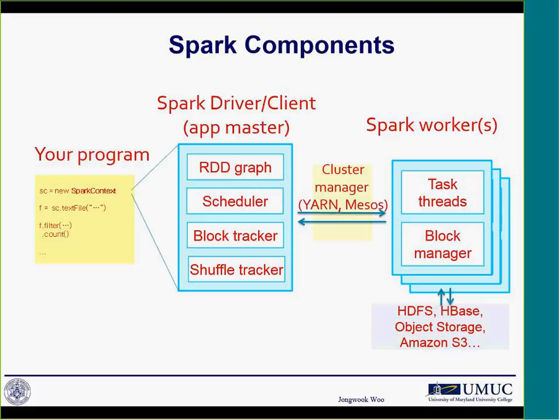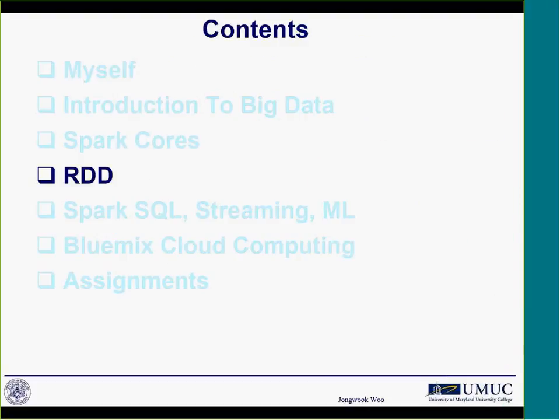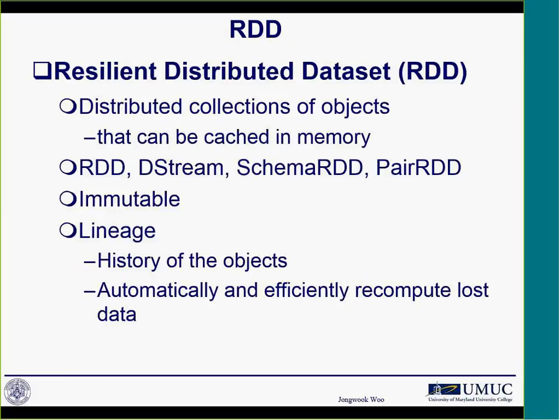And also, the Spark driver monitors Spark workers to see if any server goes down, and also assigns the Spark code to the tasks on the servers in the Spark workers. And also, Spark workers can communicate with HBase or object storage over IBM Bluemix, or Amazon S3, etc.